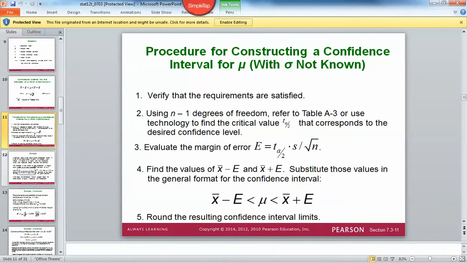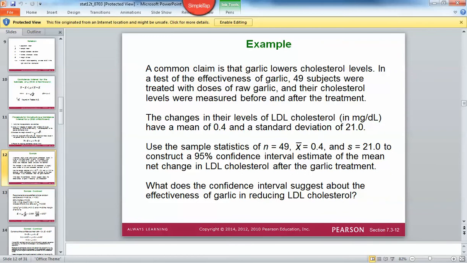So let's look at finding a confidence interval. All right, here's an example. A common claim is that garlic lowers cholesterol levels. In a test of the effectiveness of garlic, 49 subjects were treated with doses of raw garlic, and their cholesterol levels were measured before and after treatment.